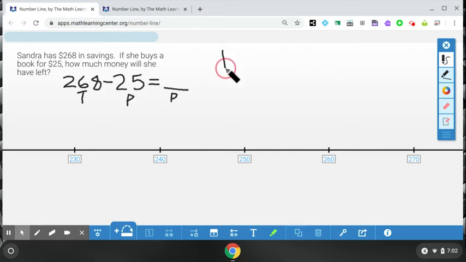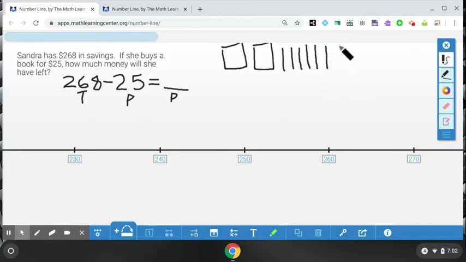If we were to draw base 10 blocks to match this, we would start with our total of 268.